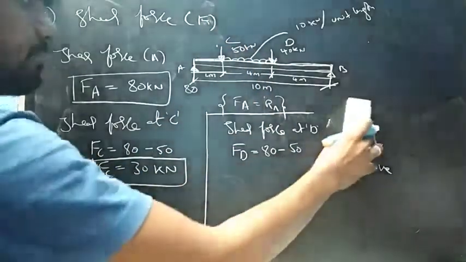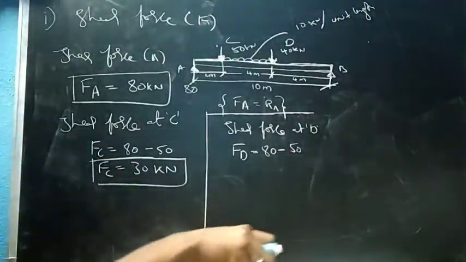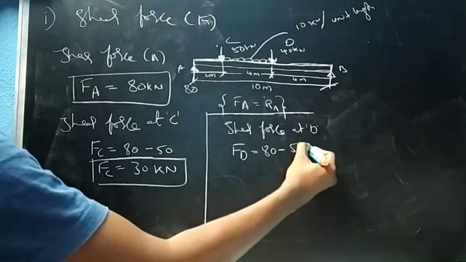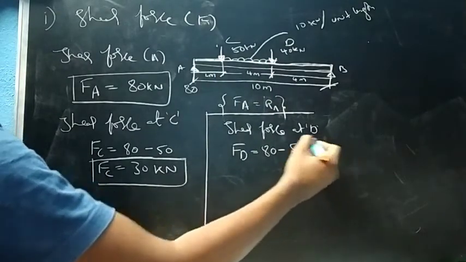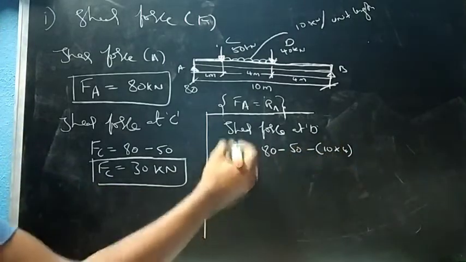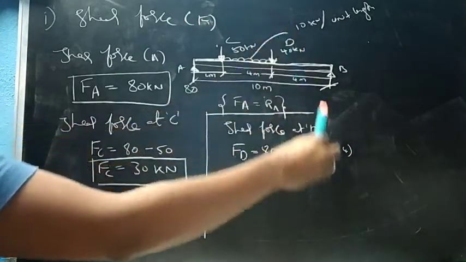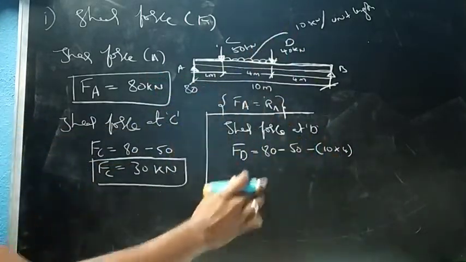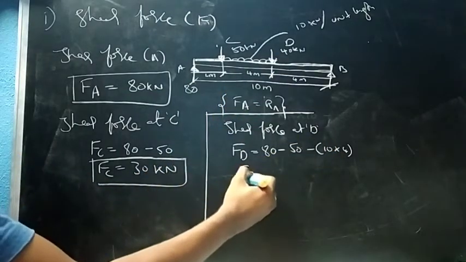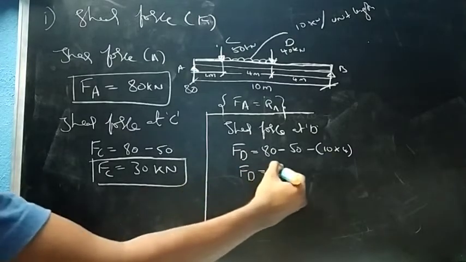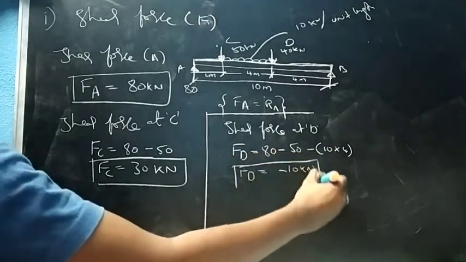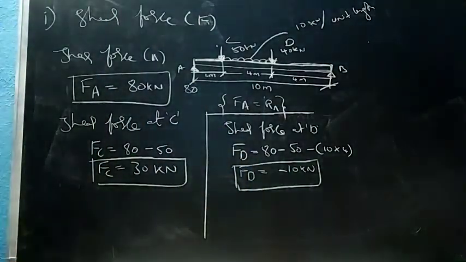Next we have 40, we have UDL in between, that is 10 minus 10 into 4, clear? So till here it is 10 into 4. So FD equals to minus 10 kilonewton, right? Minus 10 kilonewton.